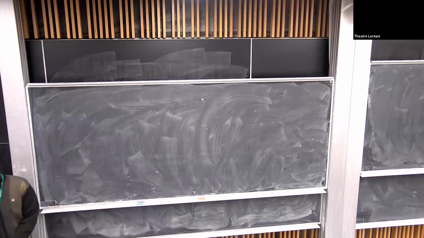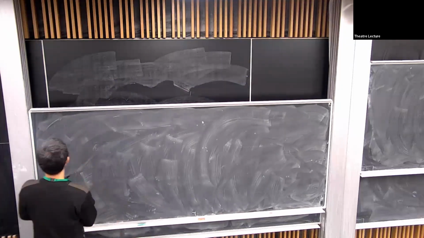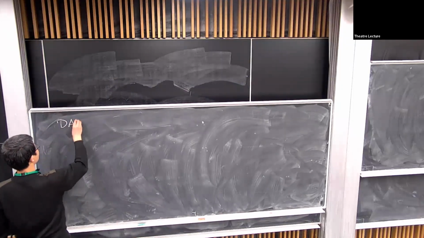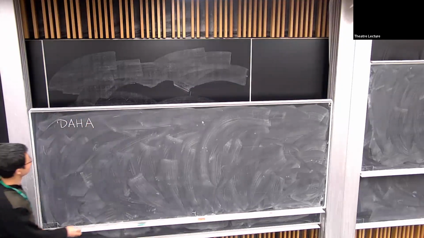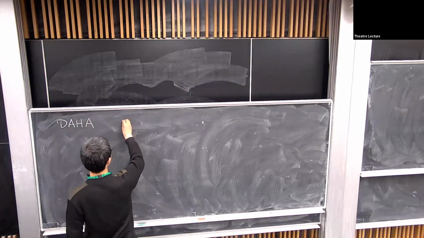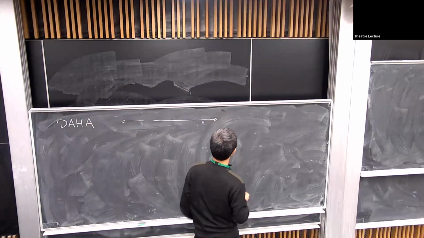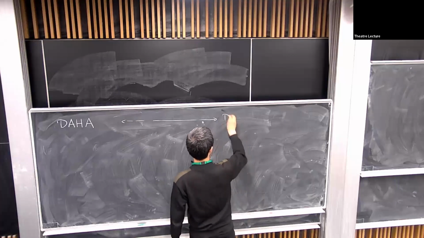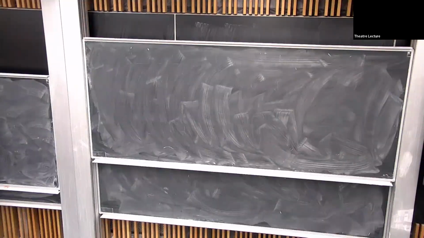I'd like to thank the organizers for the invitation. So in this talk I will relate the main themes of this workshop, representations, to something that's a little bit outside of the main topics: the Deligne-Simpson problem.